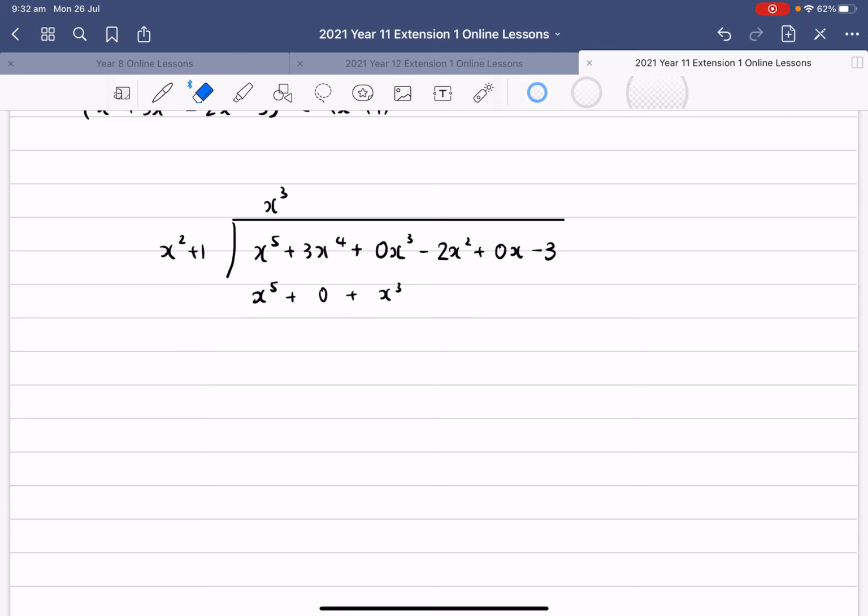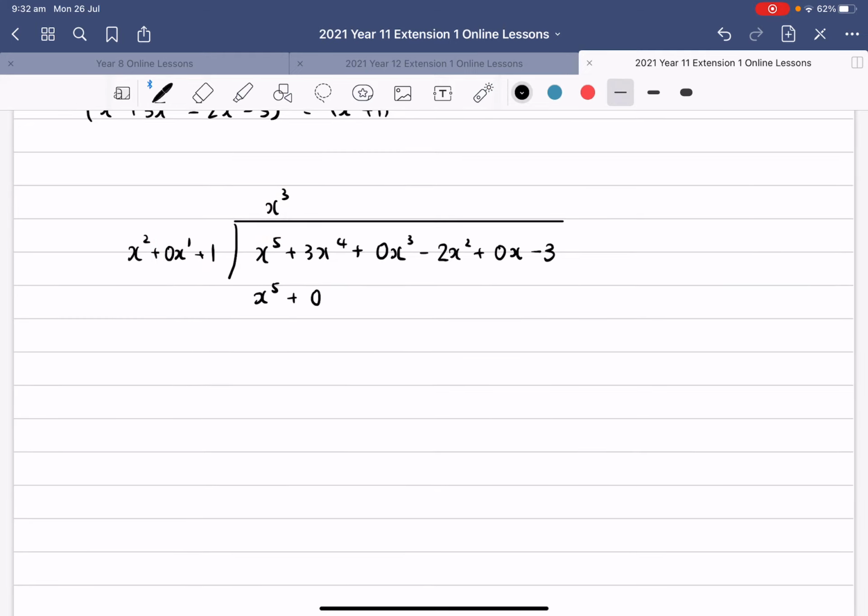But if you find this too hard to get around, you can change your divisor into 2x to the power 2 plus 0x to the power 1 plus 1. That way, like what we did for the dividend, you're filling in all these extra terms. Now, if you times these two together, you know that's equal to 0.